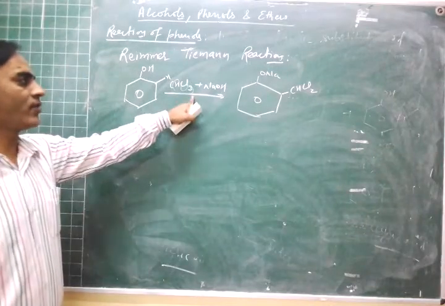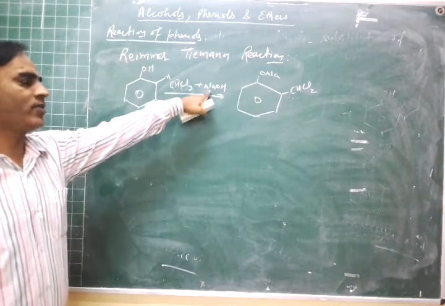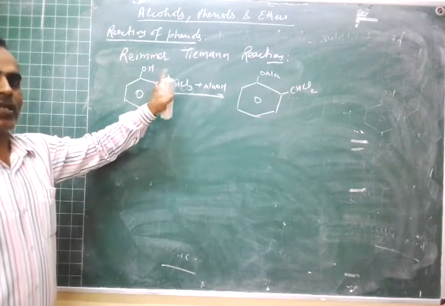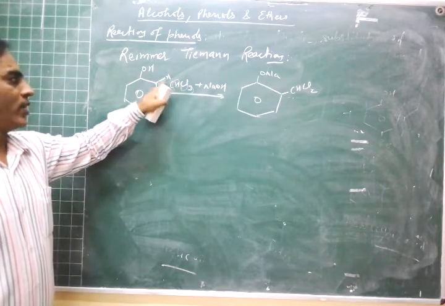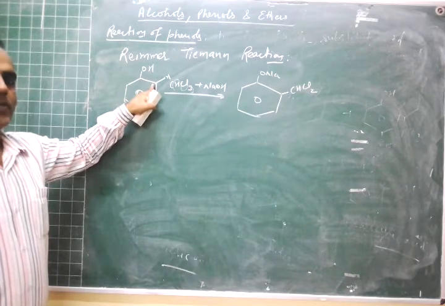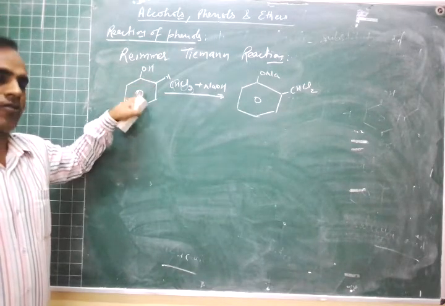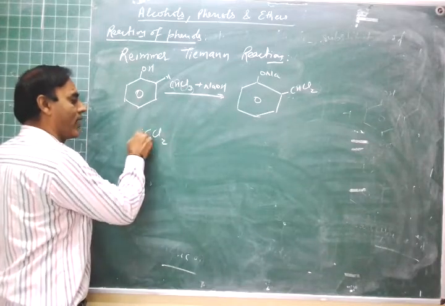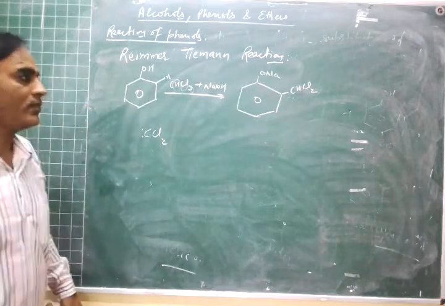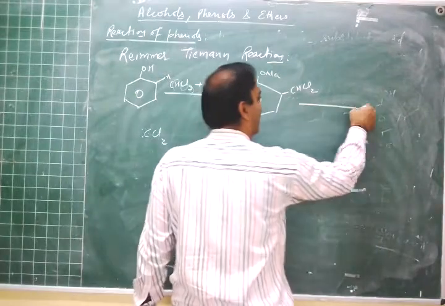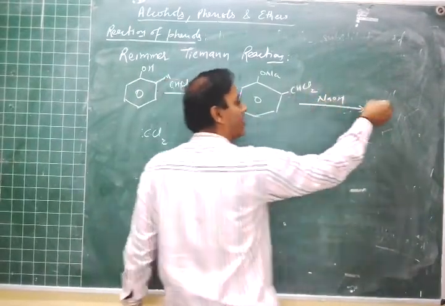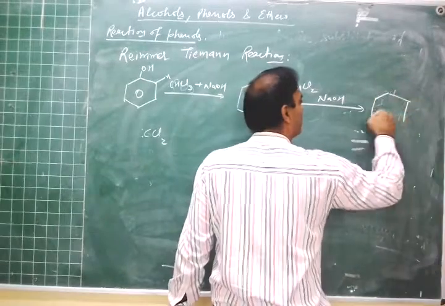HCl is removed, and HCl, which is an acid, reacts with the base, so it gets neutralized, and CCl2 is formed. CCl2 is an electrophile, so it will attack the benzene, because benzene is rich in electrons. So the electrophile CCl2 reacts with benzene. Right? Now this is reacted with NaOH again, and then this group is converted into an aldehyde group.